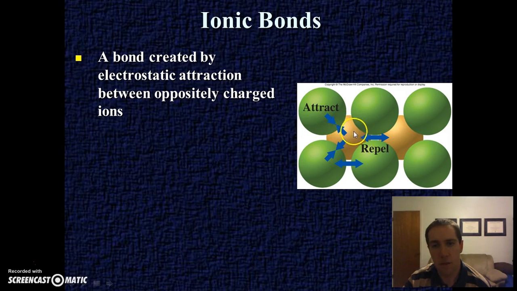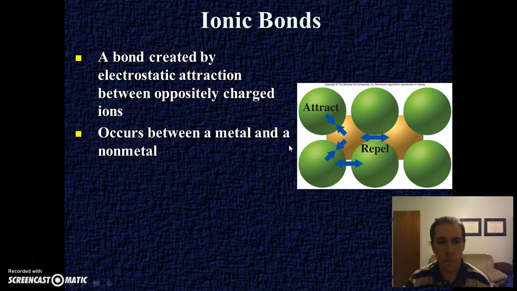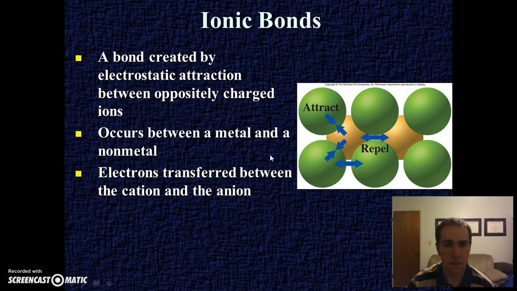The negatives attract the positives, and of course the things that have the same charge, in this case I said the yellow is the chlorine, the negative is going to repel the negative. And this always happens between a metal and a nonmetal. And that's because metals form positive ions and nonmetals form negative ions.